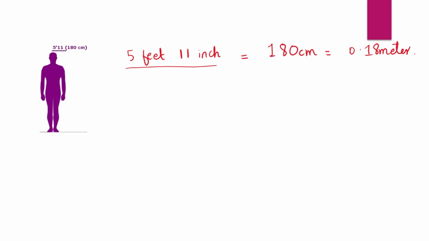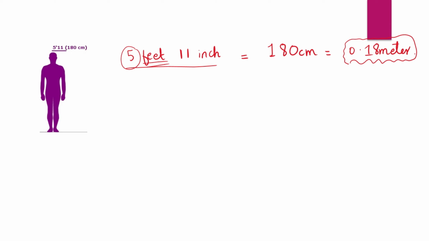There is one more fact. If you are representing the height in feet, the value is much smaller. 5 is much smaller, right? Saying 5 feet 11 inches is very easy, but 0.18 meters is not an appropriate type of number.